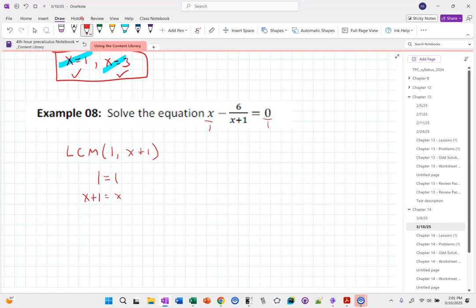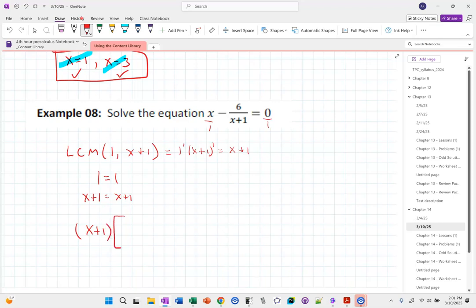Nope. So what's my least common multiple going to be? 1 times x plus 1, or just x plus 1. Does everybody feel okay with how we found that LCM? If you can't do that, this method's not very useful to you because you got to be able to find those LCMs.